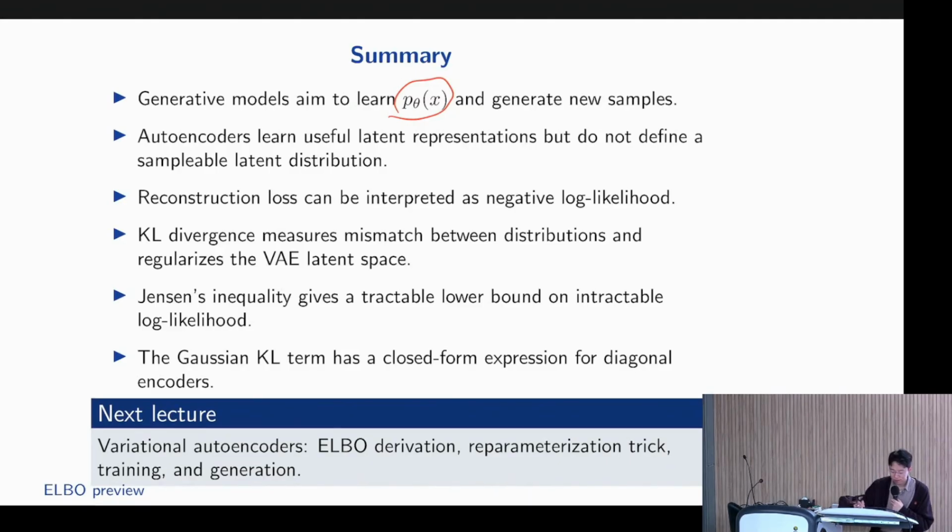And we also talked about Jensen's inequality and the non-negativity of KL divergence. And I think that was pretty much it. And the reconstruction loss can be interpreted as, minimizing the MSE loss could be interpreted as maximizing the log likelihood under the Gaussian model.